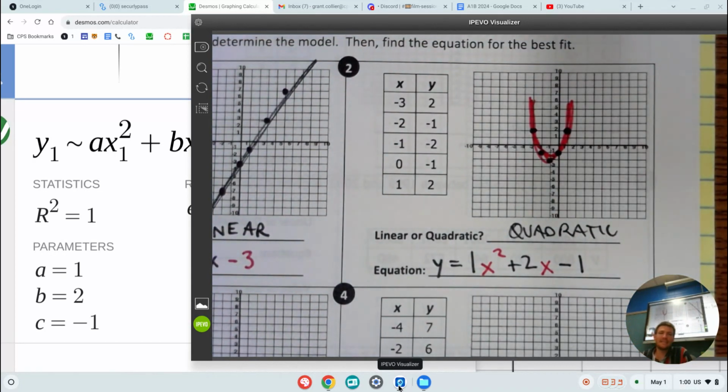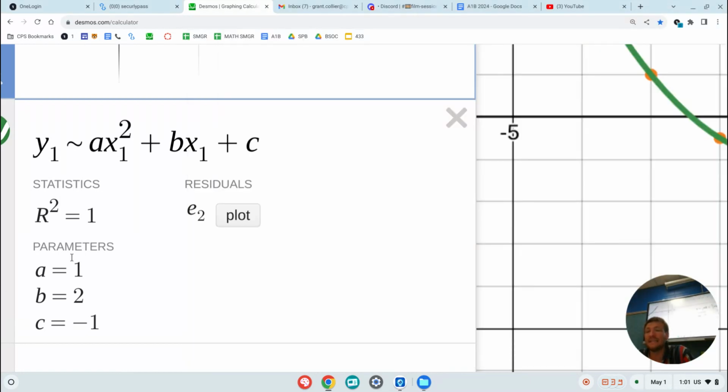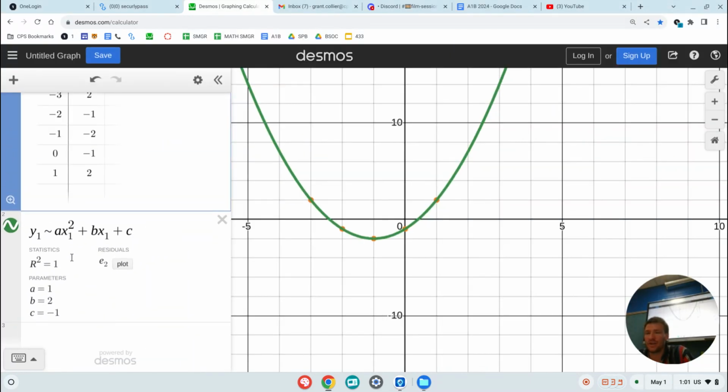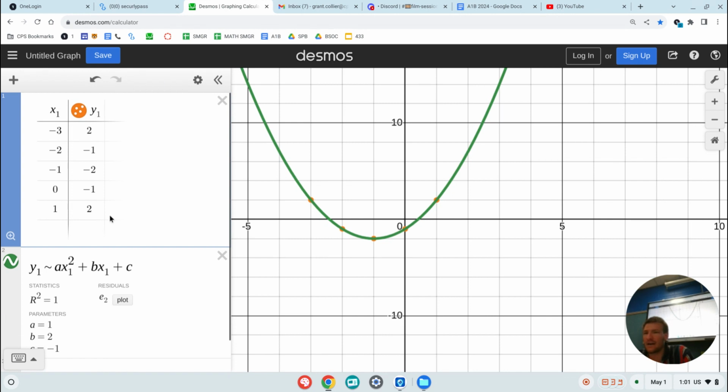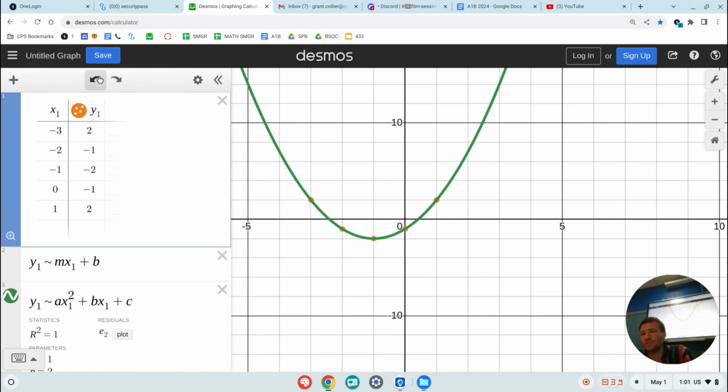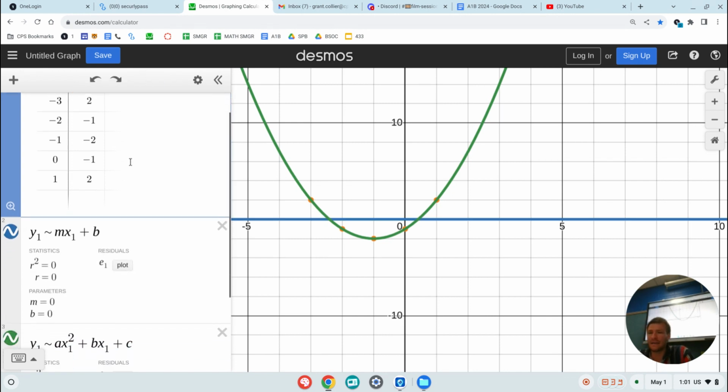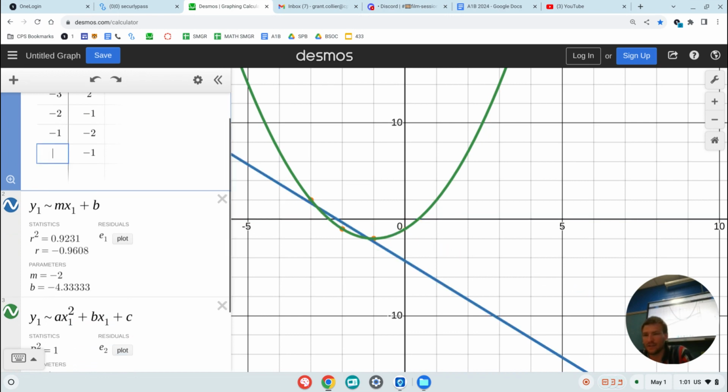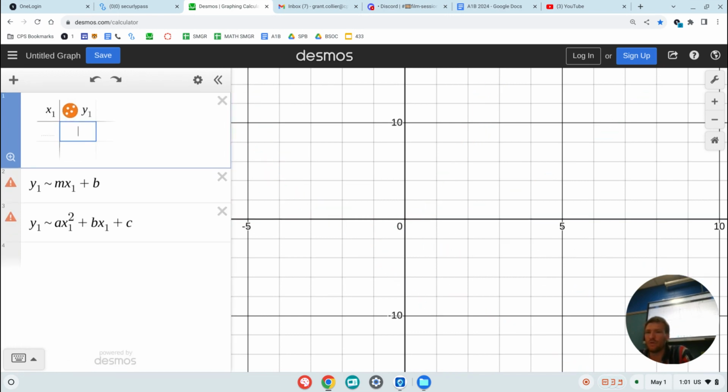And on that C, no x's. Okay. Now again, if you deleted that linear line of best fit calculation, press the undo button, bring it back, and then delete your table, and we'll be ready to move on to the next question.